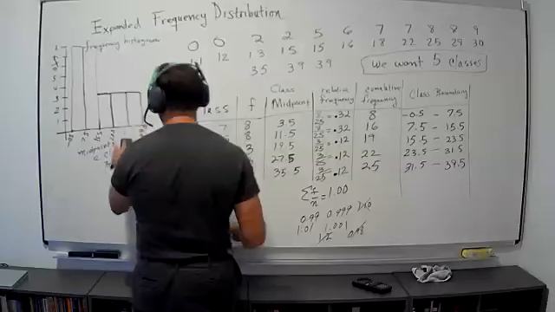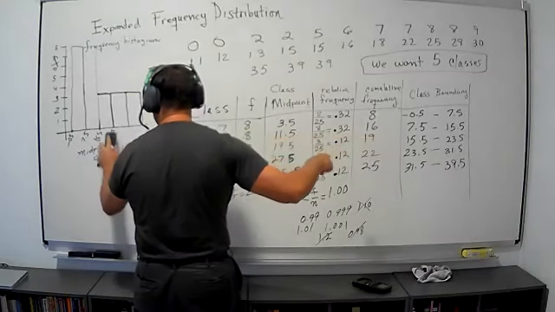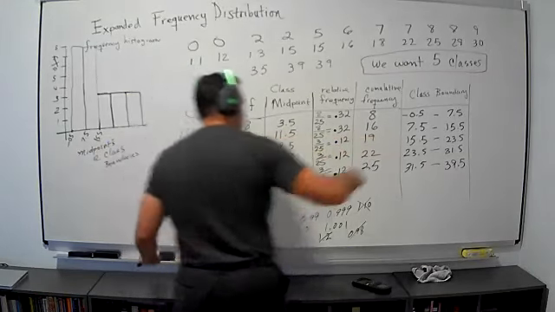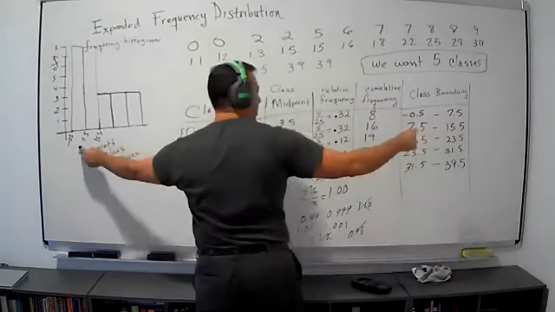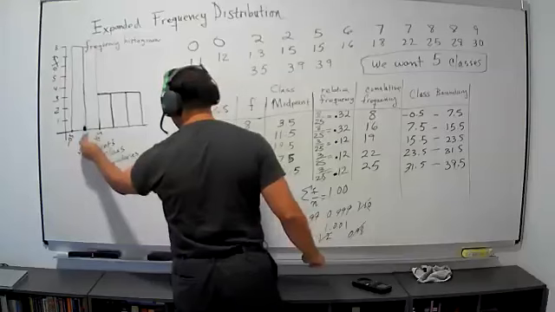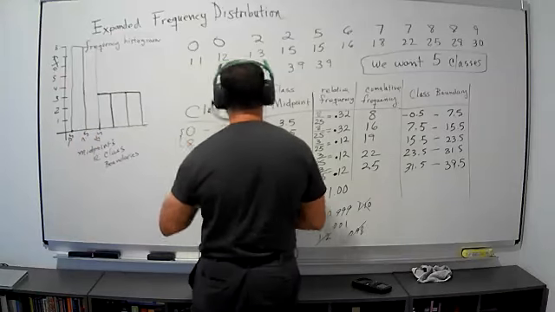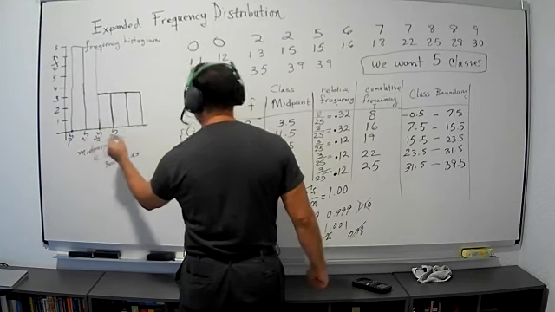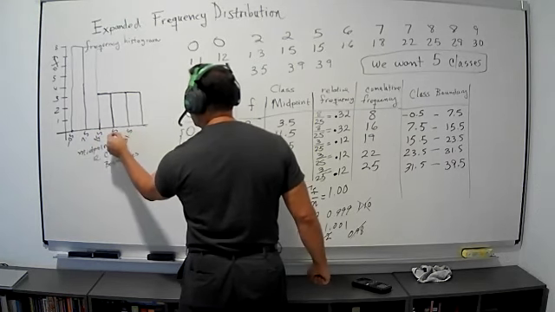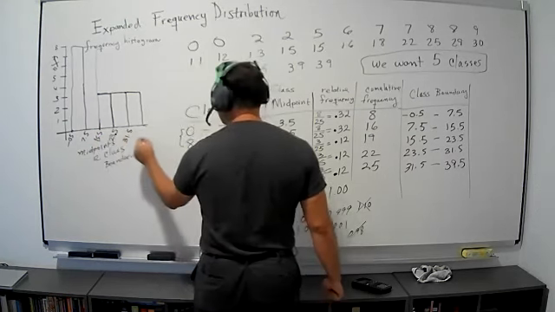All right, so they're exactly what you have over here. The first one is negative 0.5 to 7.5. Then it goes from 7.5, which you don't write again, to 15.5. Then the next one is going to be 23.5. Then this one's 31.5. And the last one's 39.5.